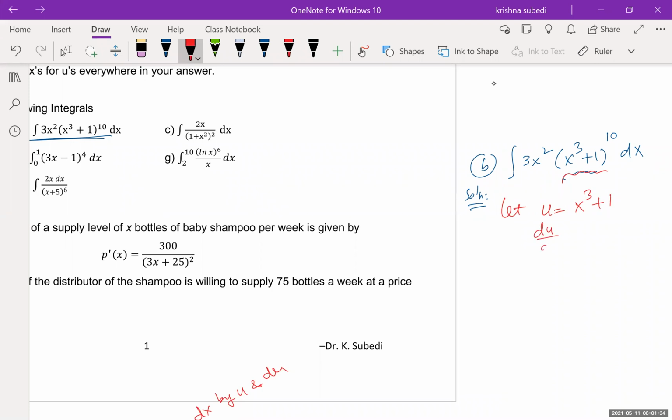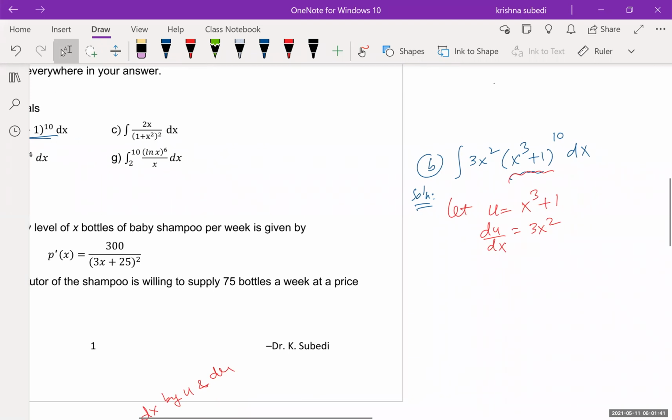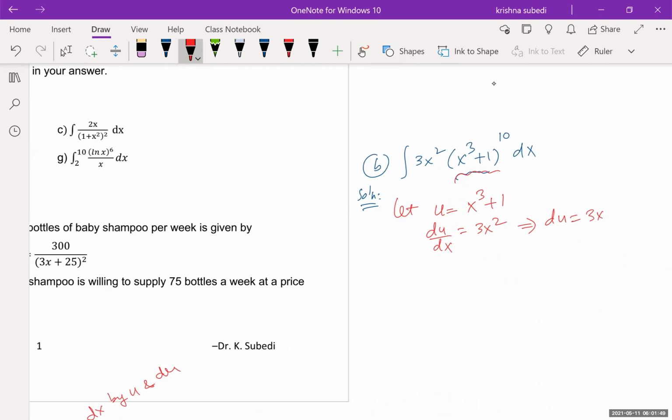So your du will be 3x squared. Okay, du over dx is 3x squared, so du will be 3x squared dx. So now this integral will be, replace that 3x squared dx. Remember 3x squared and dx are multiplied, so you can write them together, right?